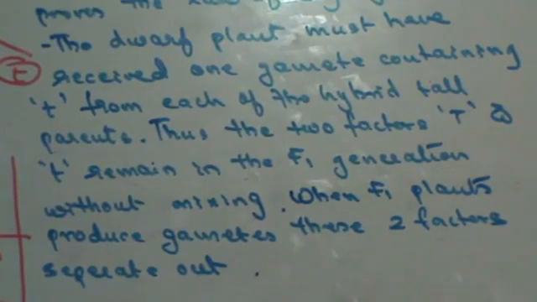This law is universal in occurrence, as the segregation of factors for any character occurs in all organisms.